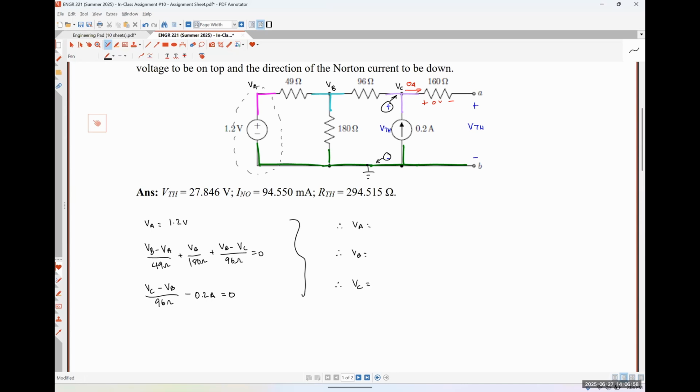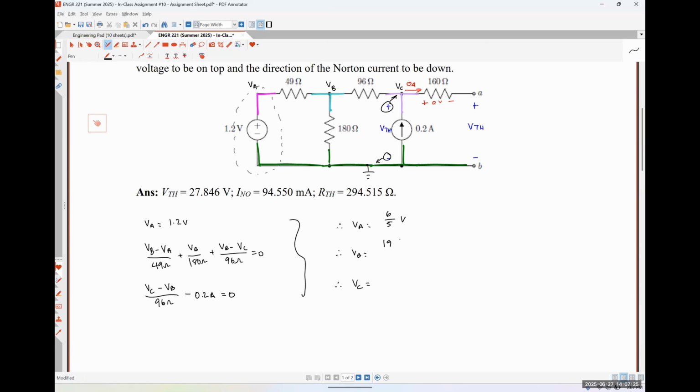In my third equation, my coefficient for VA is 0. My coefficient for VB is negative 1 over 96. And my coefficient for VC is positive 1 over 96. And my constant term will be positive 0.2 when I move it over to the other side. Solving this, I get VA is 6/5 of a volt, which is the same thing as 1.2.